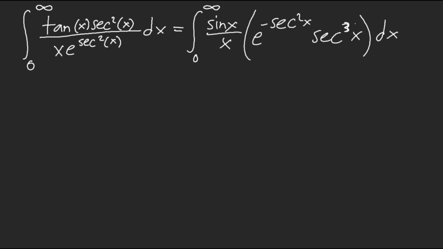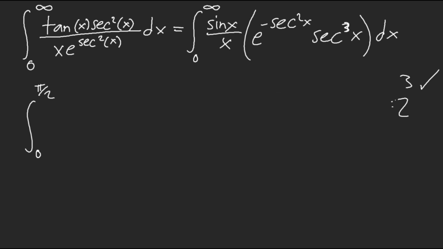Is this Riemann integrable? If I go from 0 to pi over 2, is this function integrable? First off, it is an even function, so condition 3 is satisfied. For number 2, is it periodic? Not in the way that we want it to be.